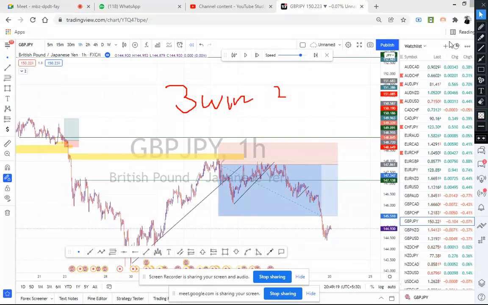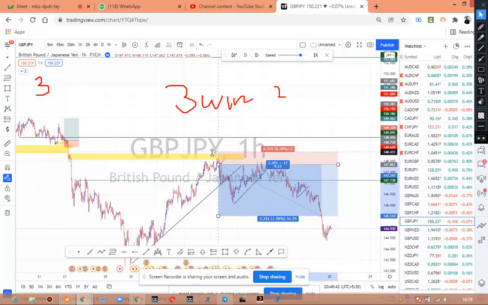Now, if you look at the losses that we had, some of these losses are not up to the wins. Because the losses that we had are not a big stop loss level.